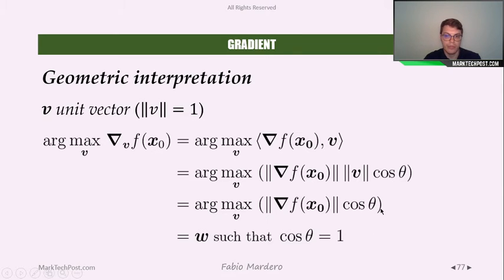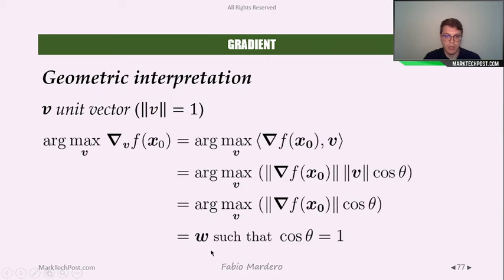So we want to find v such that the directional derivative is maximum. What we find here is the norm of the gradient, which does not depend on v, but the cosine of theta depends implicitly on v, the direction of v.